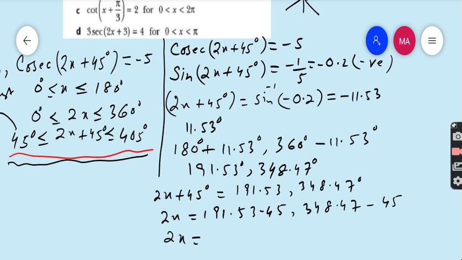The value is 146.53, and the second, 303.47.